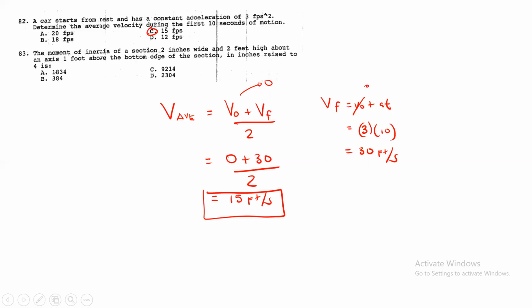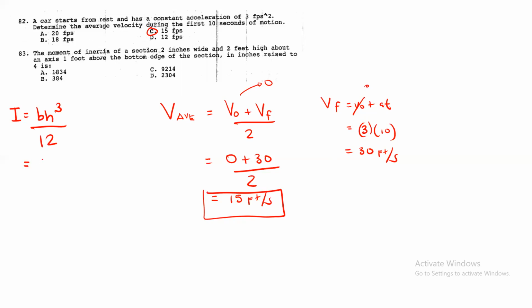The next, 83, the moment of inertia of section 2 inches wide and 2 feet high above an axis 1 foot above the bottom edge of the section in inches raised to 4 is, so moment of inertia ng rectangle. So madali lang to, no? So 83, moment of inertia is equals to BH cube over 12 lang yan. So ng rectangle lang.